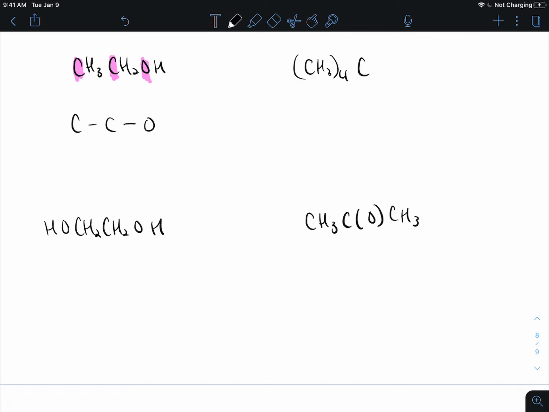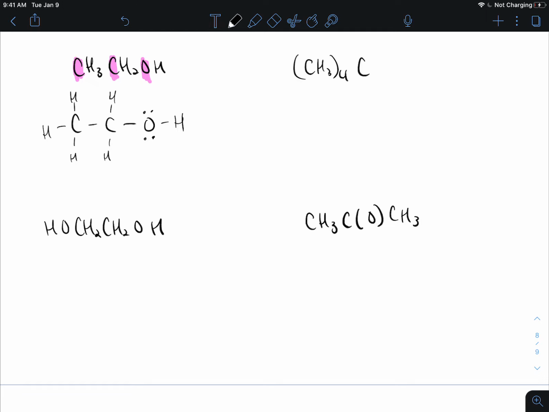Then we'll put in our hydrogens. So we have 3 hydrogens on the first one, 2 hydrogens on the second one, and then 1 hydrogen on the oxygen, like so. After that, you're just going to fill in electrons on your oxygen to reach an octet. Okay? And if you were to count all the electrons, you'd find that this is correct.